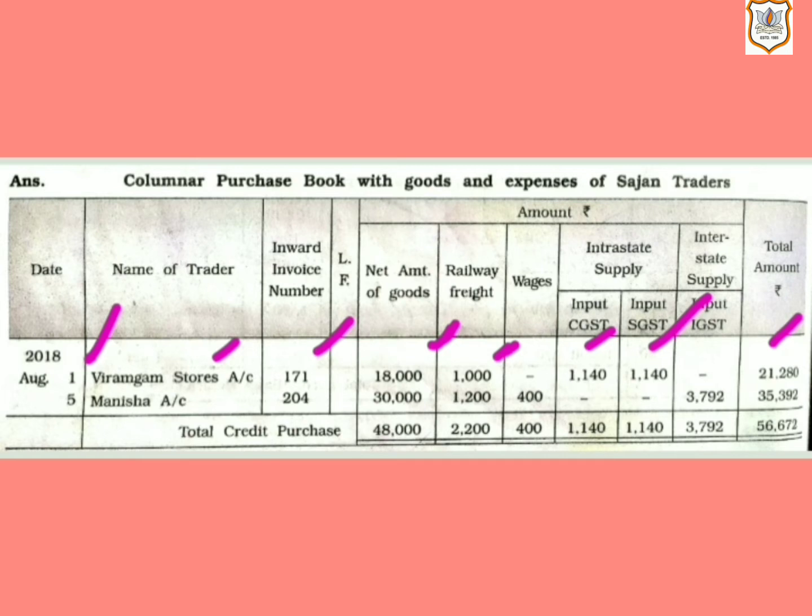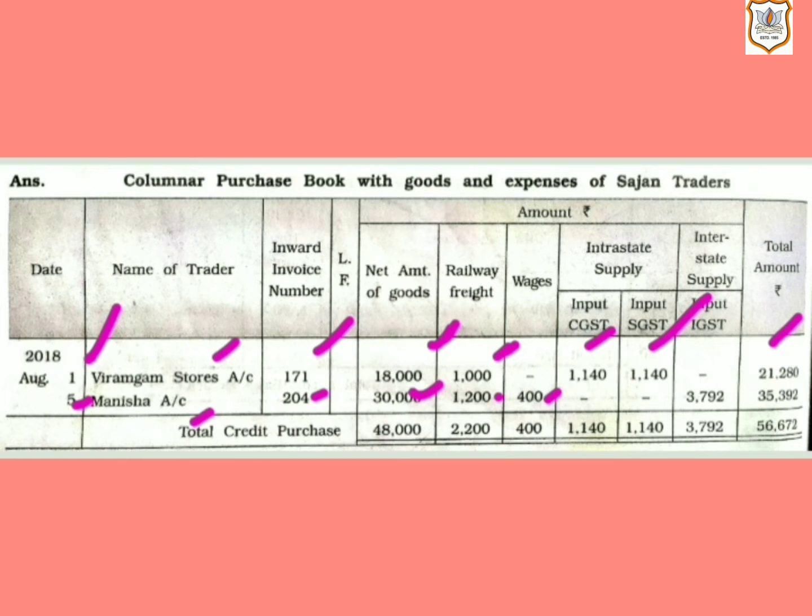So first we will write date, that is 5th August, name of trader Manisha, then inward invoice number 204, net amount of goods, here no trade discount is given, so we will write entire amount, that is 30,000. Then railway freight 1,200, labor charges 400.